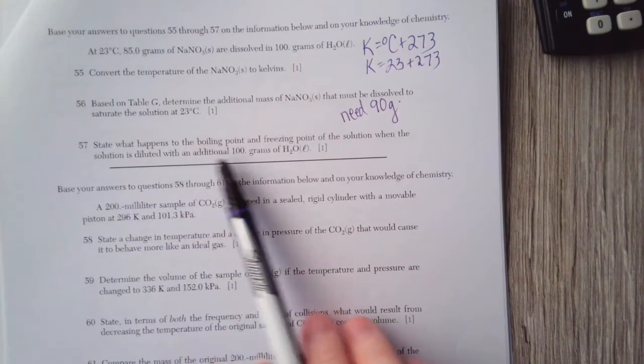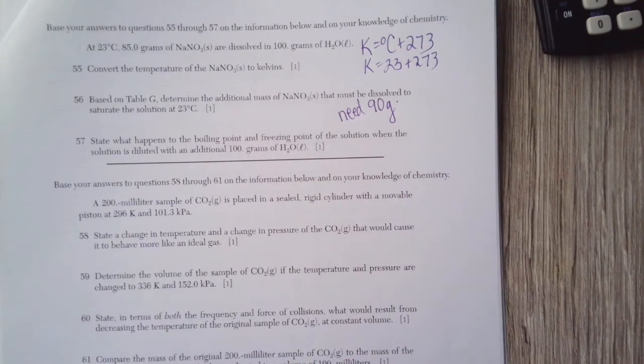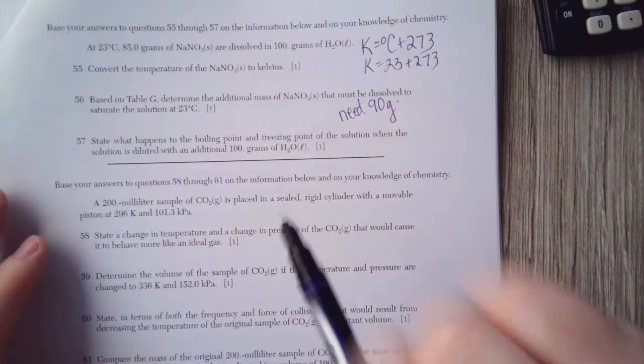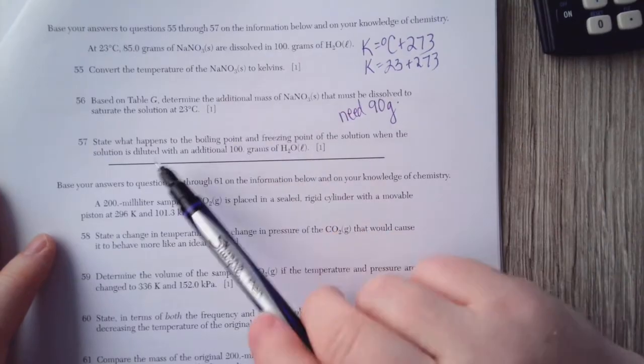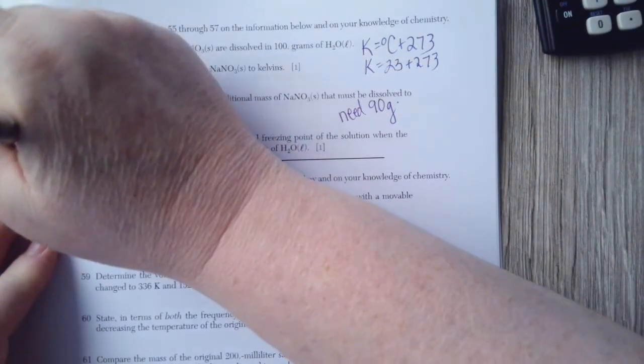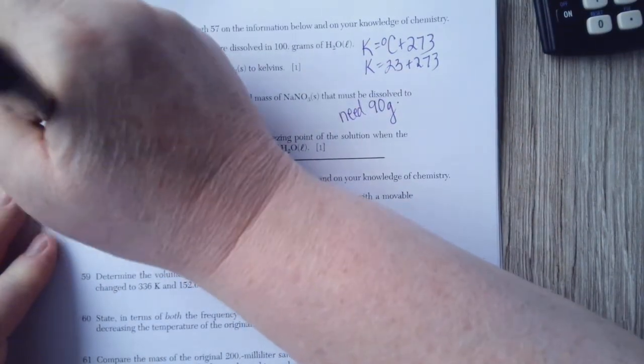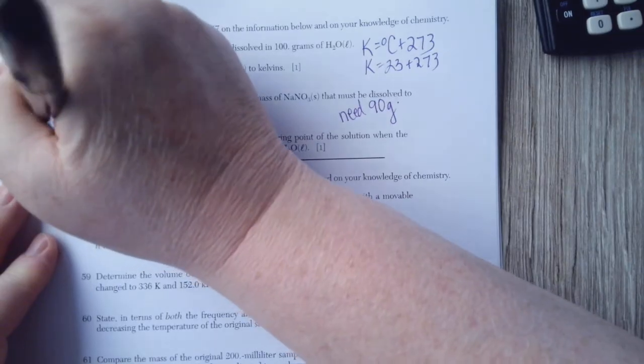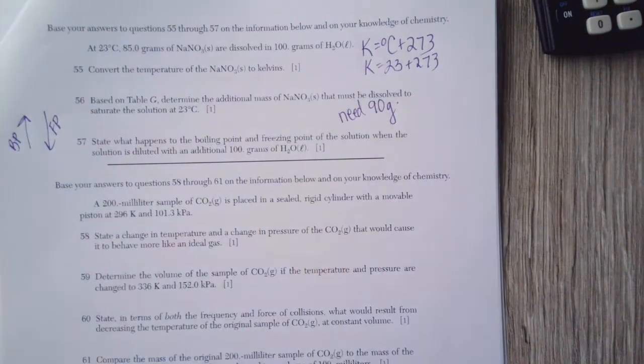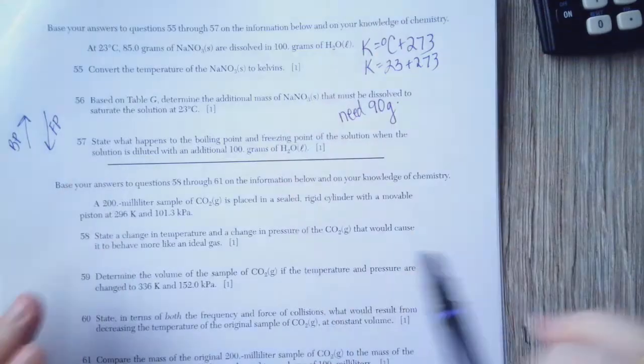Say what happens to the boiling point and freezing point of the solution when the solution is diluted with an additional 100 grams of water. Okay, so when we add something to water, the boiling point goes up and the freezing point goes down. Boiling point's a high number, it goes up. Freezing point's a low number, it goes down.